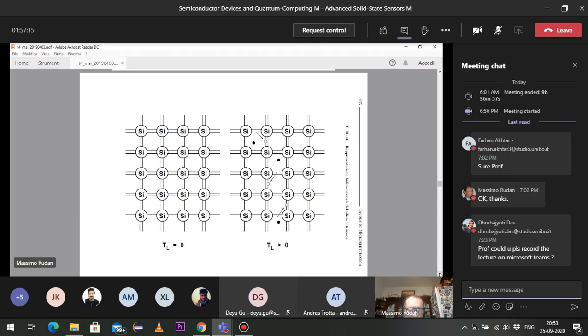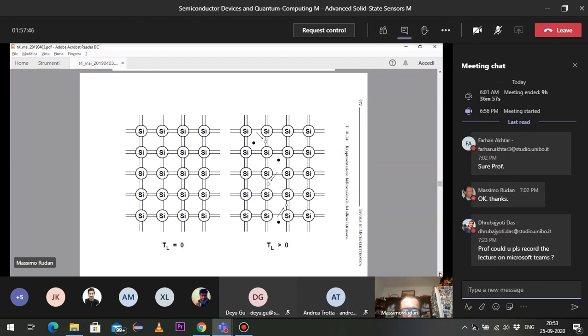There is no possibility for them to acquire energy and ionize the atom, okay, and become free electrons, okay? So the left figure shows that all electrons are confined in the vicinity of an atom. They cannot move around in the crystal, so there is no possibility to have a current circulating in the material.